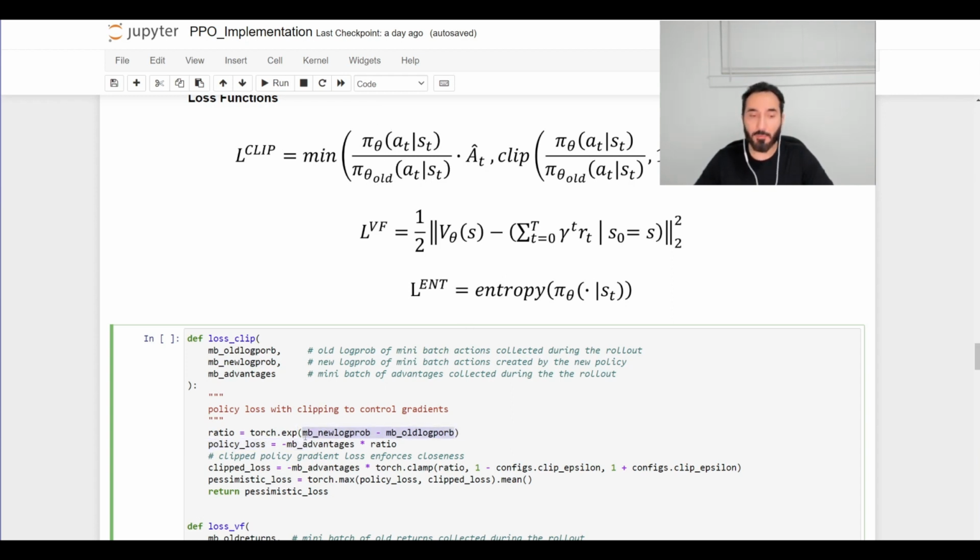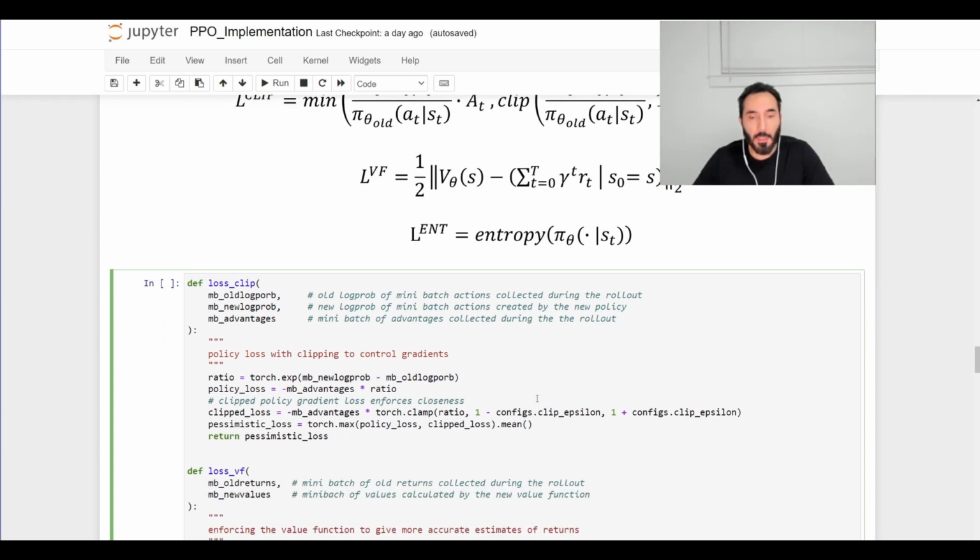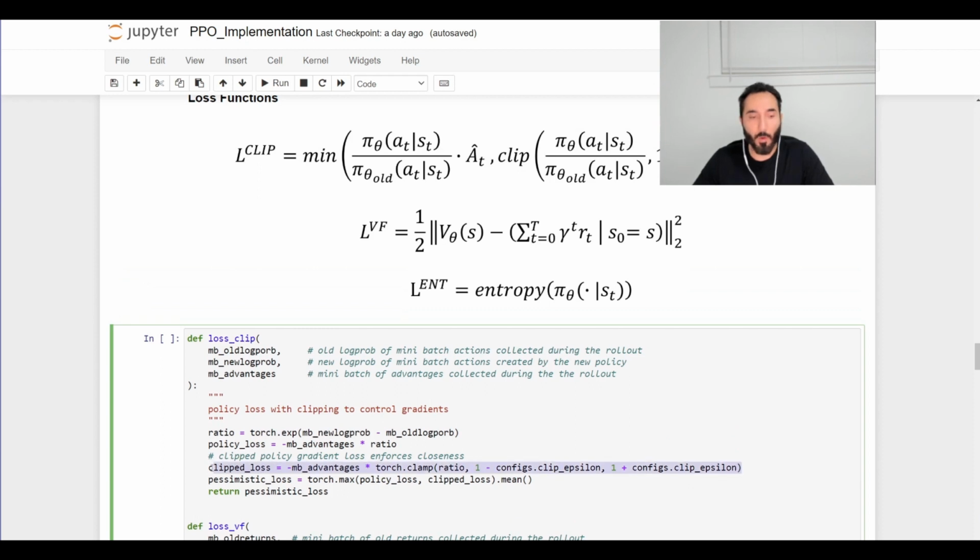But if you remember, we discussed that this is more numerically stable, so that's why we do exponential and log rather than just looking at the ratios. And the rest is quite a one-to-one correspondence between the formula that we have here and the implementation here.